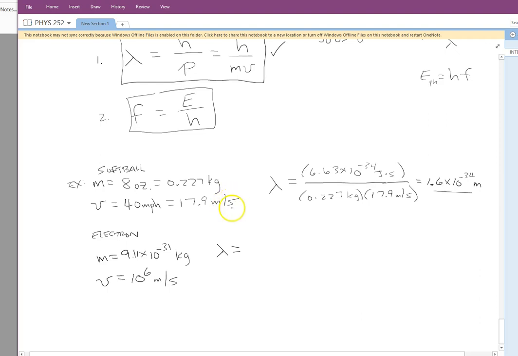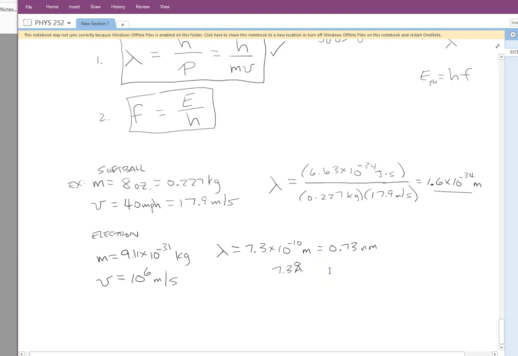So this is going to be 7.3 times 10 to the minus 10 meters, which is about 0.73 nanometers. Or it's about 7.3 angstroms too. You could just use 10 to the minus 10 meters as the angstrom.